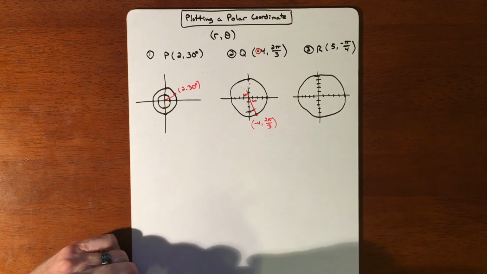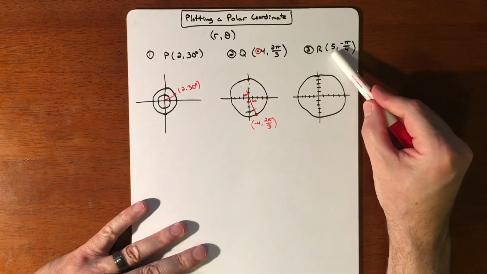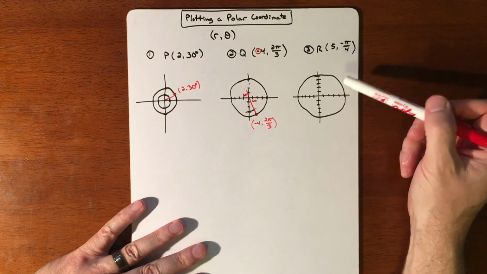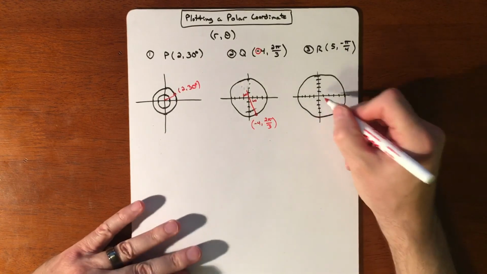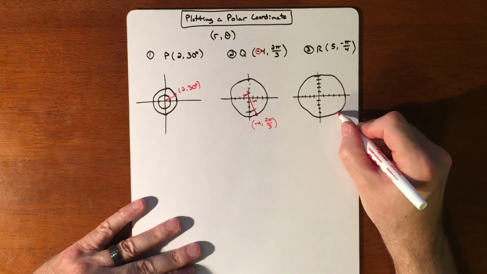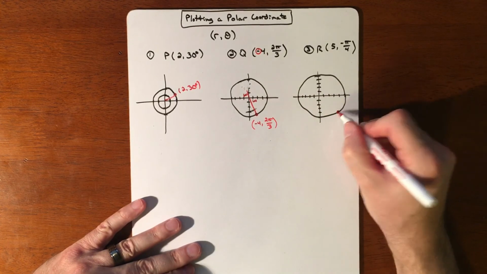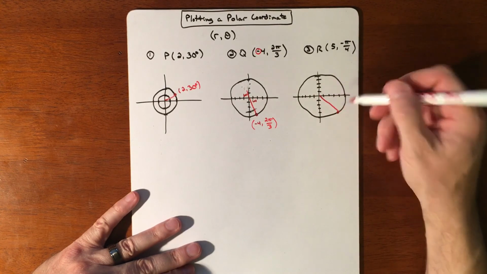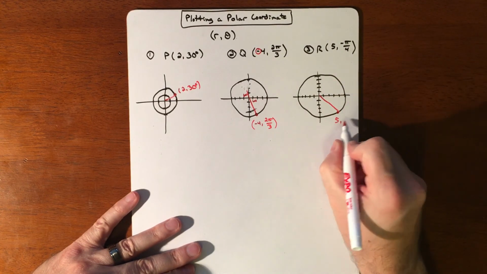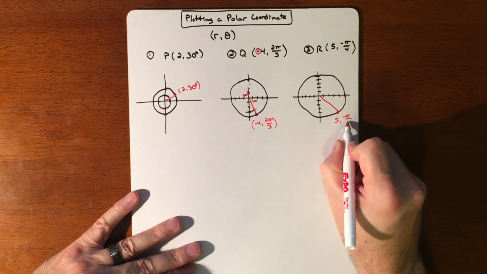Something like that. And then we have a positive radius, so wherever we plot the point is going to be normal. I don't have to reflect it. We are just going back, and that's a 45. So we are back at 45, and we are out a distance of 5. So that is our point, (5, -π/4).